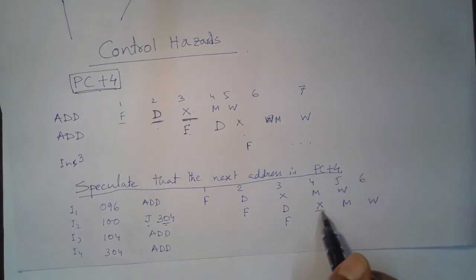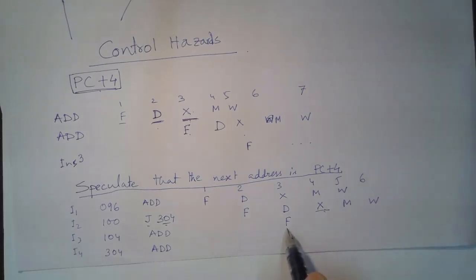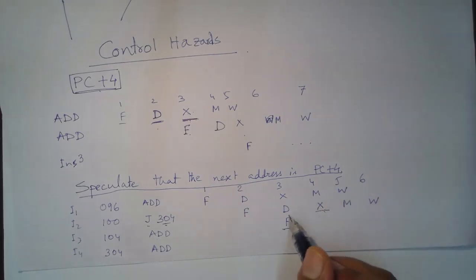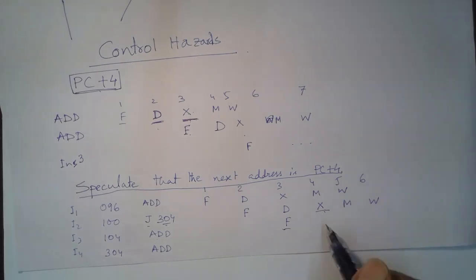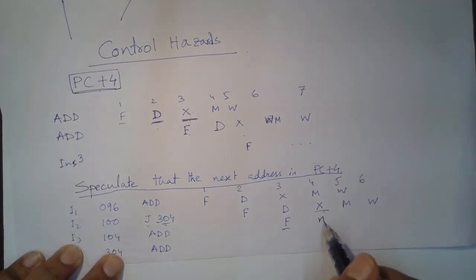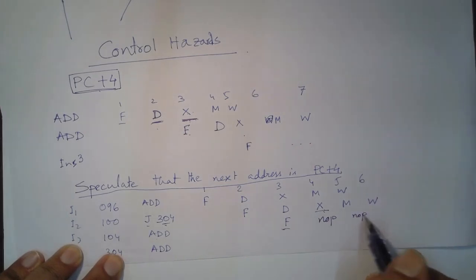As soon as you realize that, you know that you have speculatively fetched an instruction which needs to be killed, because this instruction is not supposed to get executed at this point. But you have already fetched this instruction into the pipeline. So the way you deal with it is that you kill this instruction. You have logic which will replace this fetched instruction with a no op, so basically you will write no op for the subsequent stages.